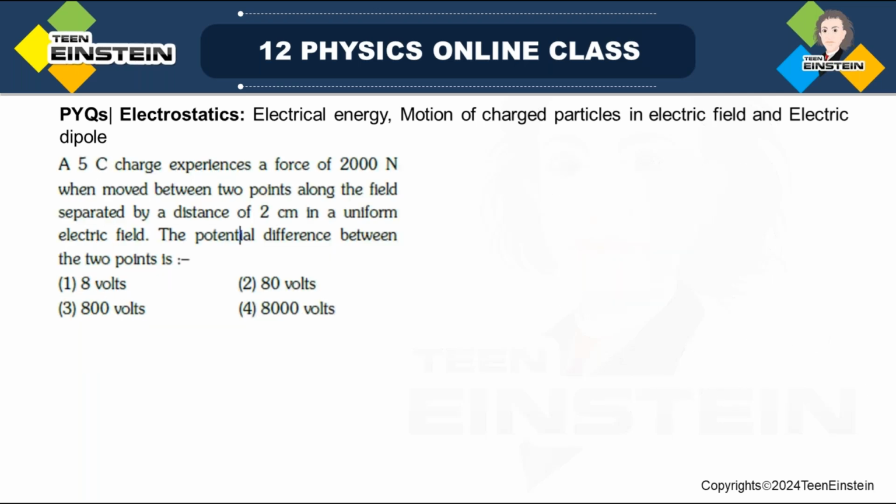Yeah, this is also a very interesting problem. The question says a 5 coulomb charge experiences a force of 2000 Newton when moved between 2 points along the field, separated by a distance 2 centimeter in a uniform electric field.